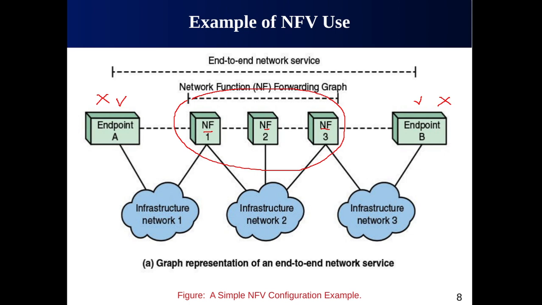So in this figure, endpoint A could be any device, ranging from a laptop or smartphone to a server, a notebook, another computer and things like that. So you have a client, for example here, and you have a server which is providing the contents, and these two devices want to communicate. So we have a network function forwarding graph here.